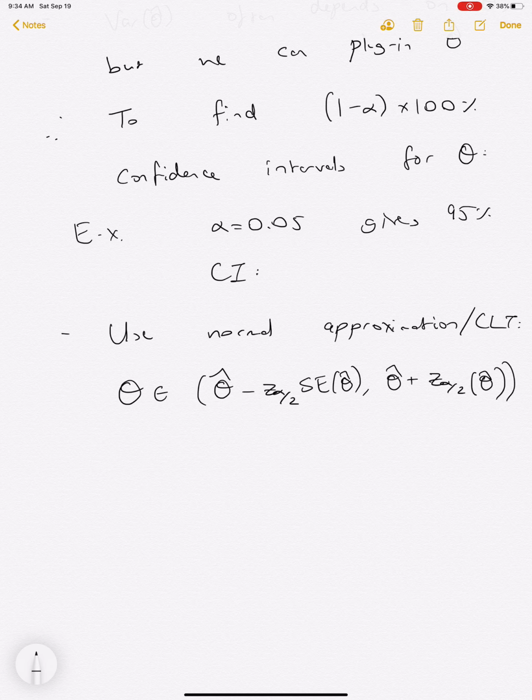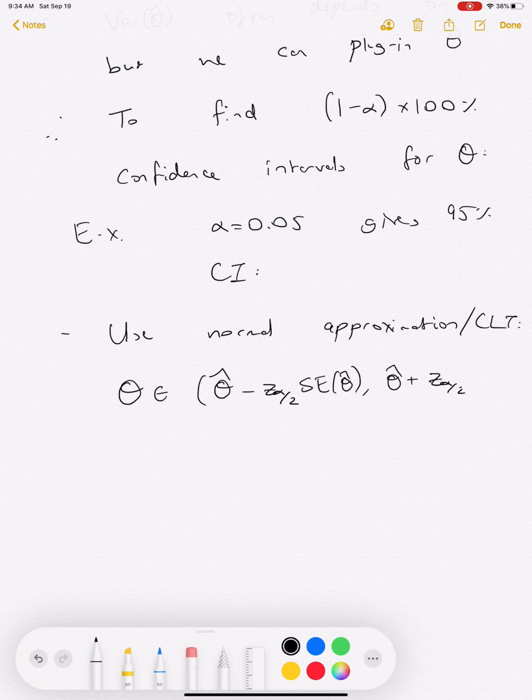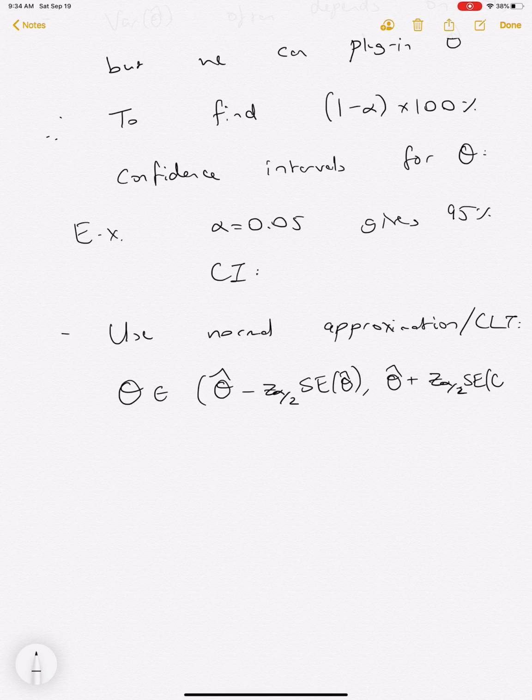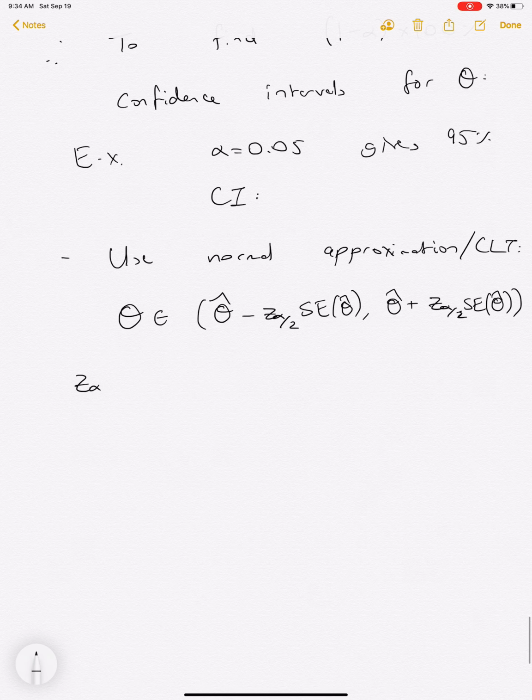So z alpha over 2: use a z table to find the z score for alpha over 2.